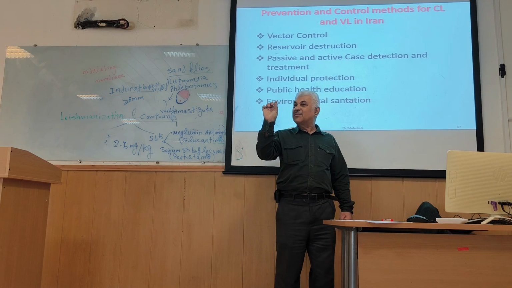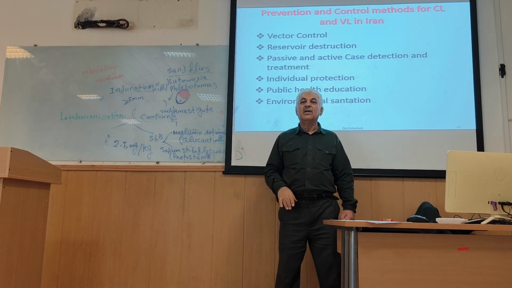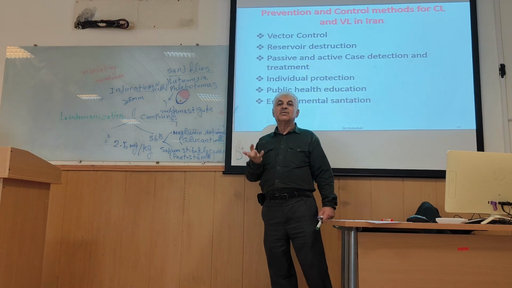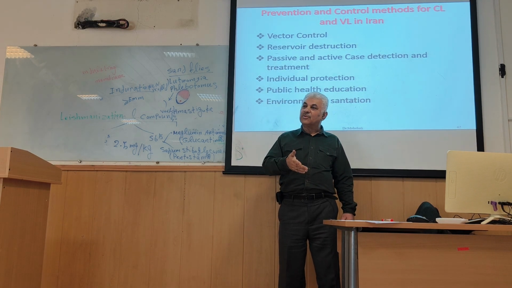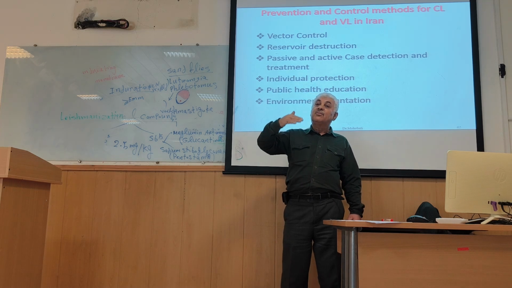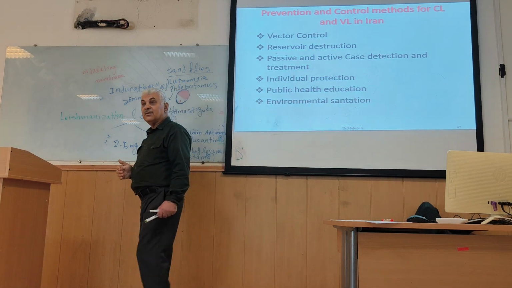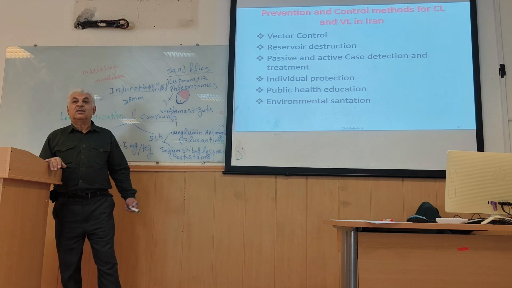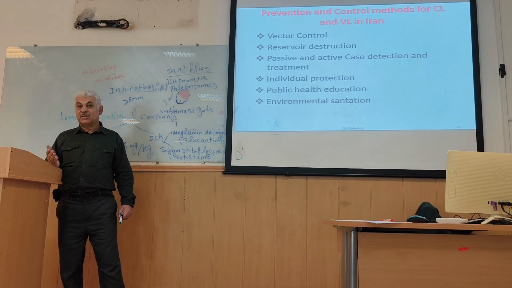It produces a small lesion that heals and is protective against cutaneous leishmaniasis caused by Leishmania major and Leishmania tropica, and protection is very high, about 90% of inoculated people protected.